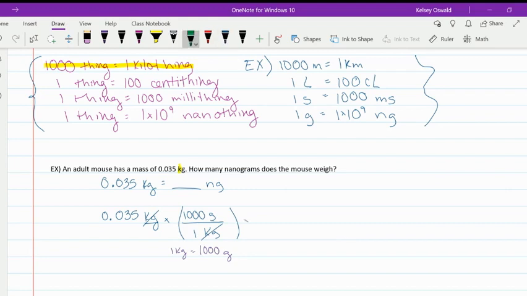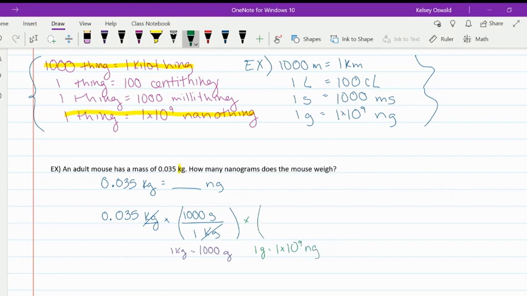Now we are left with grams, but we don't want grams, we want nanograms. So we need to see what conversion factor or equality statement we know with nano. That's going to be this last one right here. We can see that 1 gram is equal to 1 times 10 to the 9th nanograms.